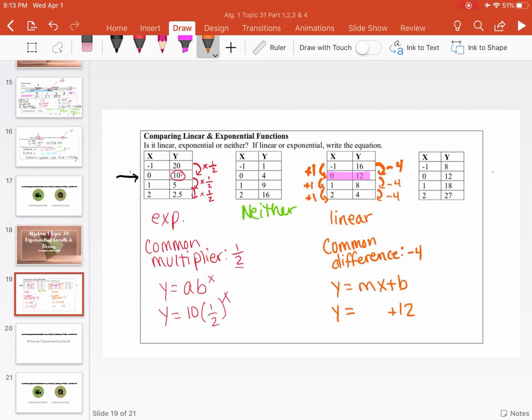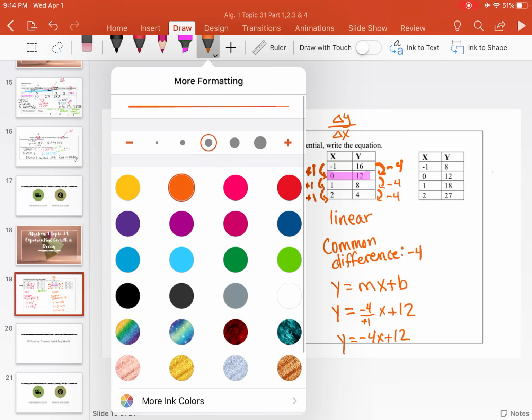Now this is really -4, because I'm changing by -4 if I want to use the table method. But I also have to make sure I look at the change in x as well, because slope is change in y over change in x. So here, I would have -4 over +1. If I simplify that, I get y equals -4x plus 12.